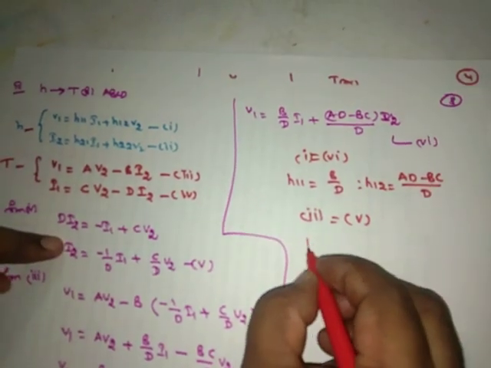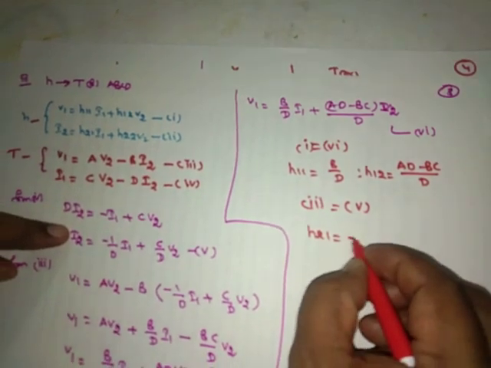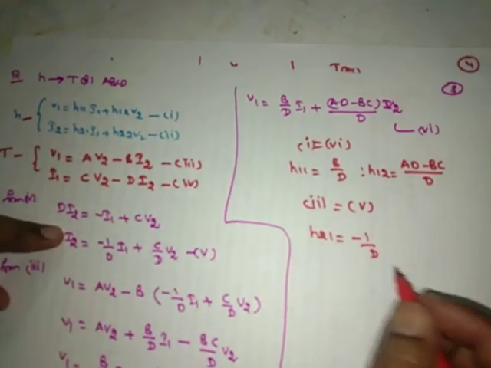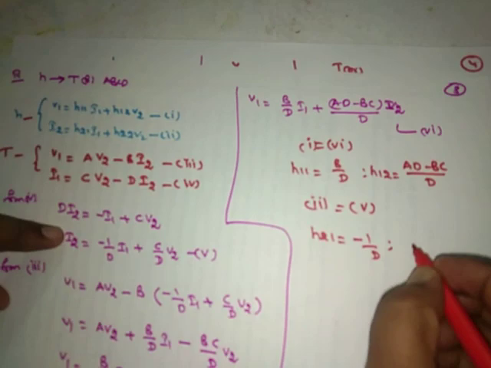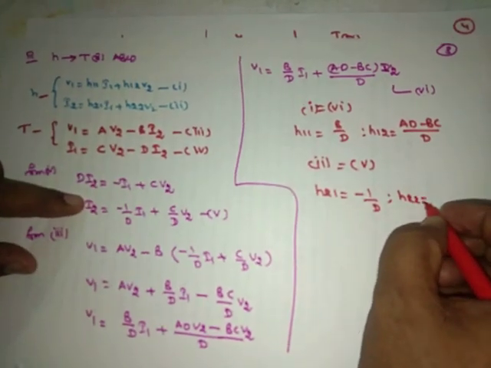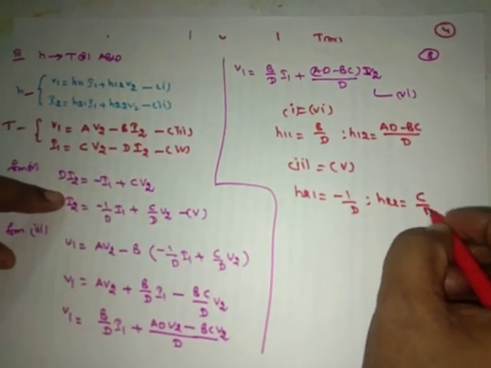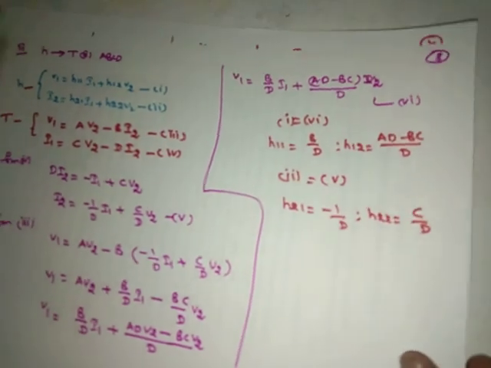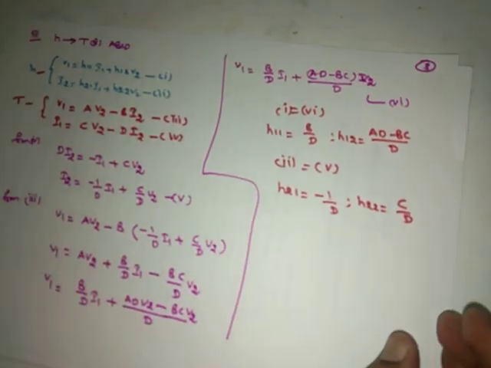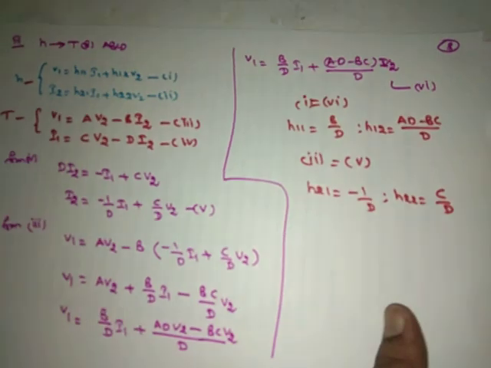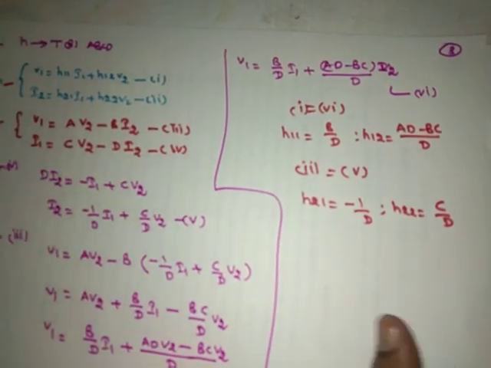From that H21 is equal to minus 1 by D, H22 is equal to C by D. So like that you can express any parameters in terms of remaining 3 parameters.